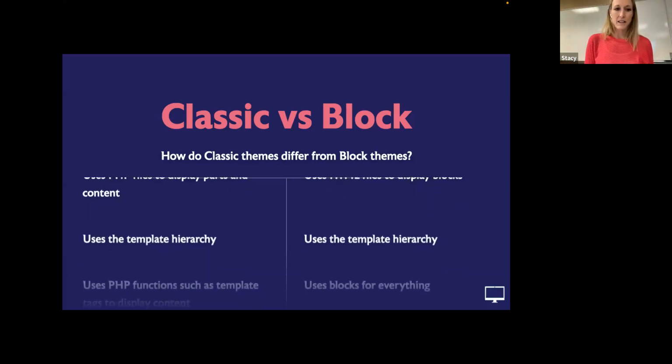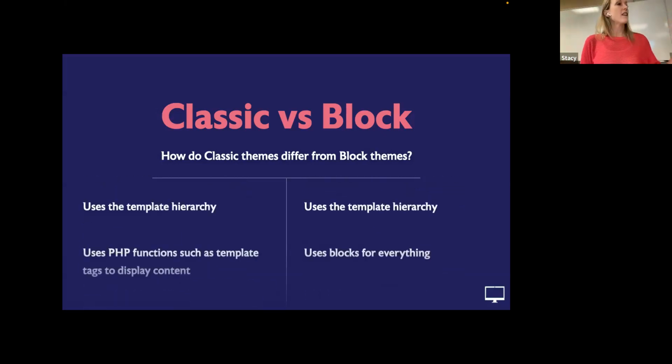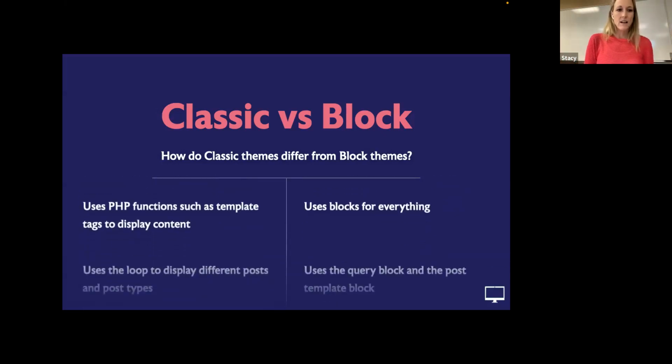So that's pretty nice. Both the classic and the block themes use a template hierarchy, and I'll go over what that means and what that looks like in just a little bit. Again, the classic theme would use PHP functions, template tags to display content. You would pull things in through functions.